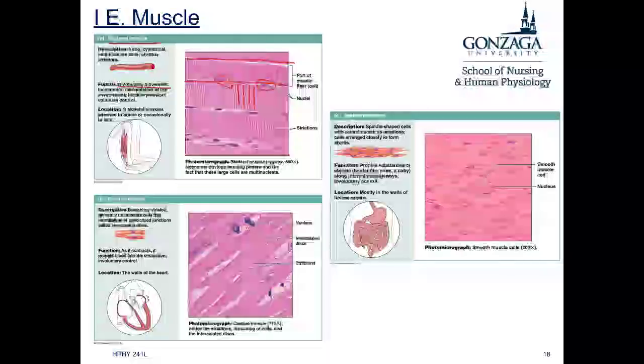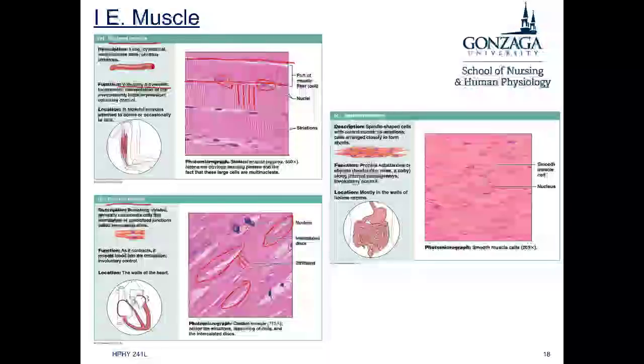A little bit different is cardiac muscle. Like skeletal muscle, it appears striated, but it may not be as obvious. It may look a little disorganized, and that's also due to these branches shown here.